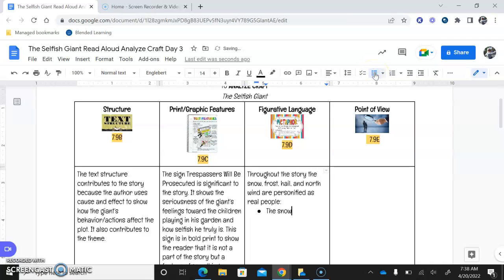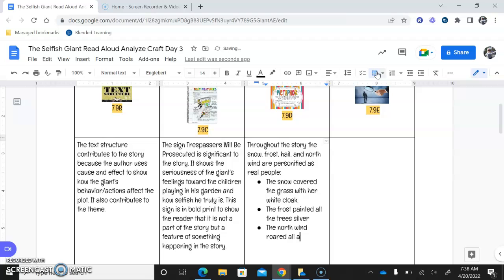The snow covered the grass with her white cloak. The frost painted all the trees silver. The north wind roared all day. The hail rattled the castle. So we see that over and over and over again.